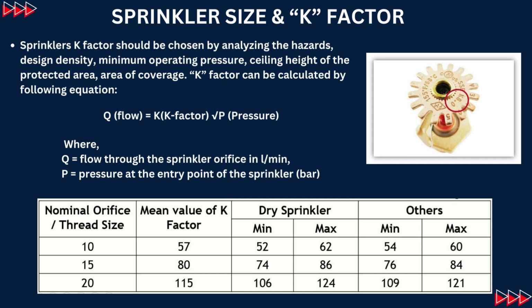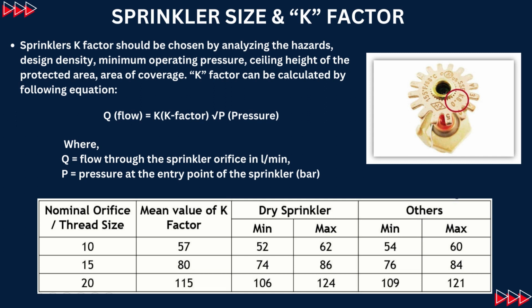The specifications of a sprinkler are printed on the sprinkler head itself. The table gives the nominal orifice size or the thread size. For 10 NB thread size, the mean value of K factor is 57. For dry sprinklers, the minimum is 52 and the maximum is 62. For others, the minimum is 54 and the maximum is 60.